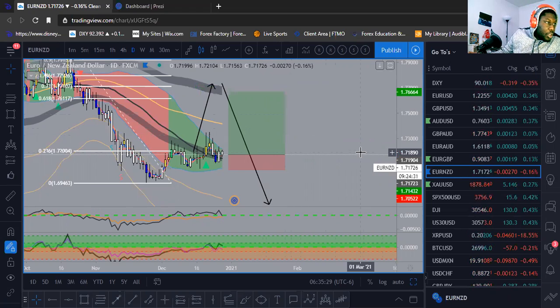Stop loss at break even. 120. Okay. And then open my trade. All right, so I'm in there.